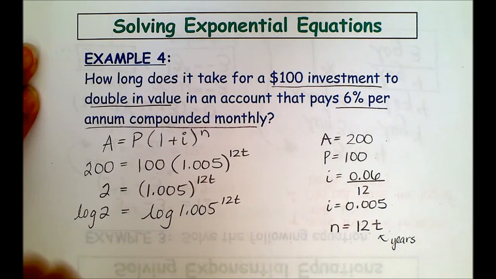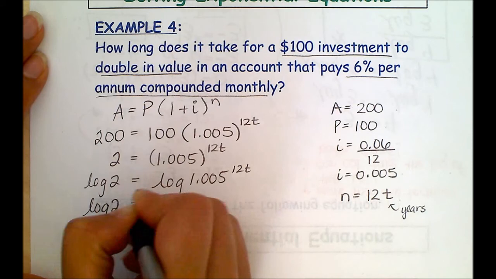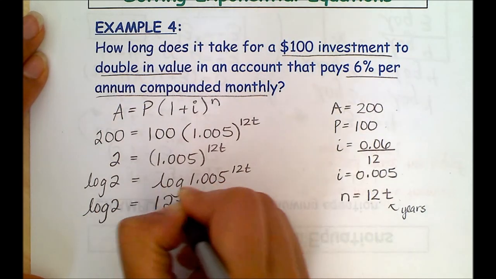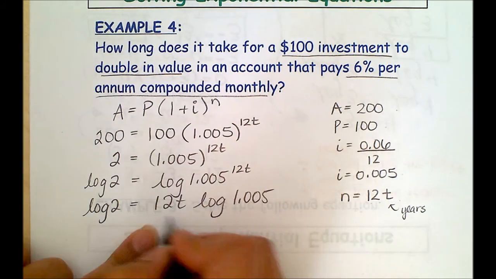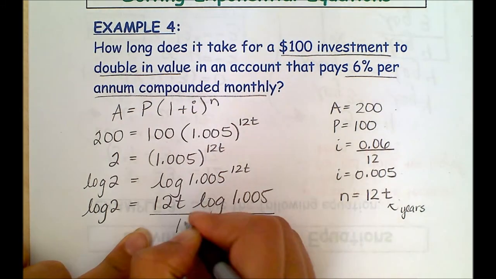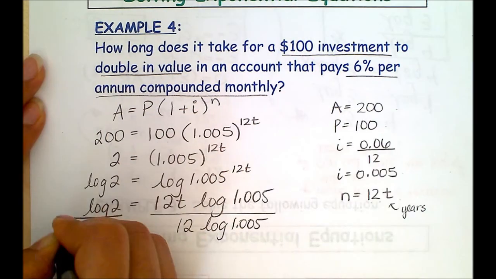Use the power law, bring it down, and I get log of 2 equals 12t times the log of 1.005, and now to isolate t, I need to divide both sides by 12 and log of 1.005. And I'll do that to both sides.